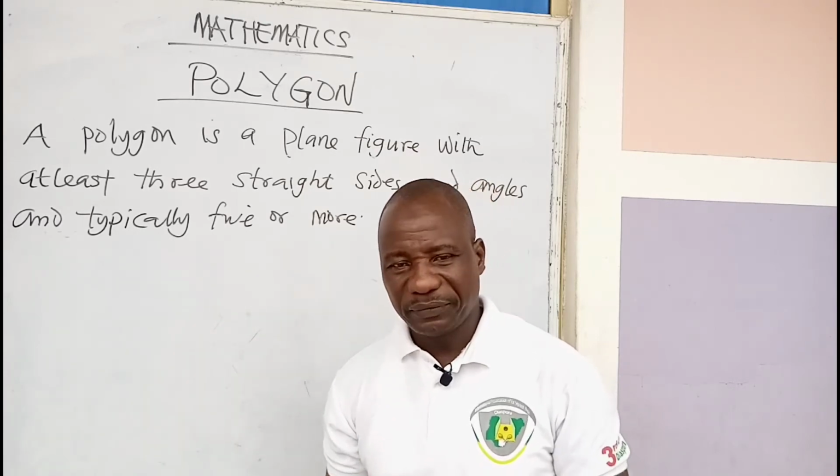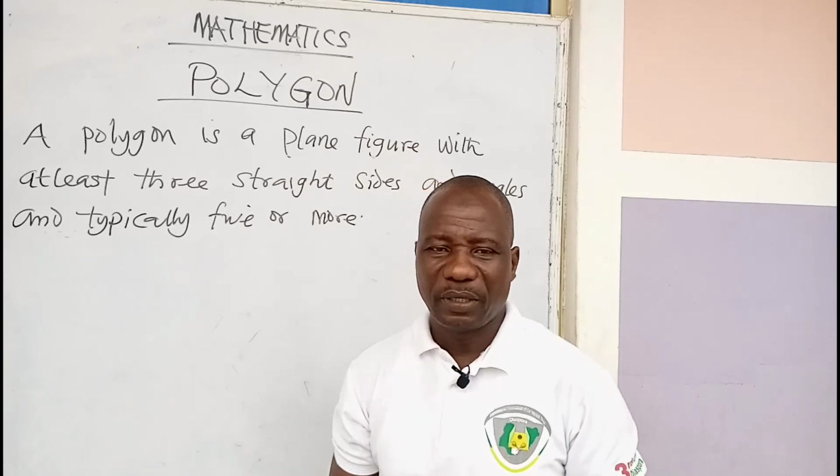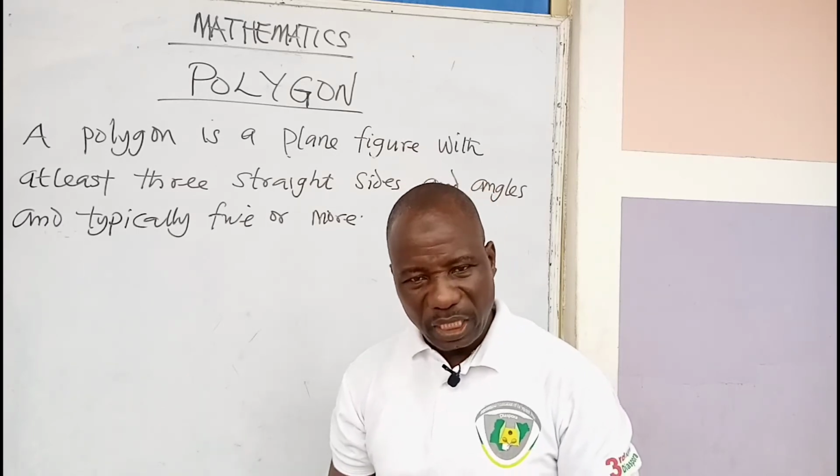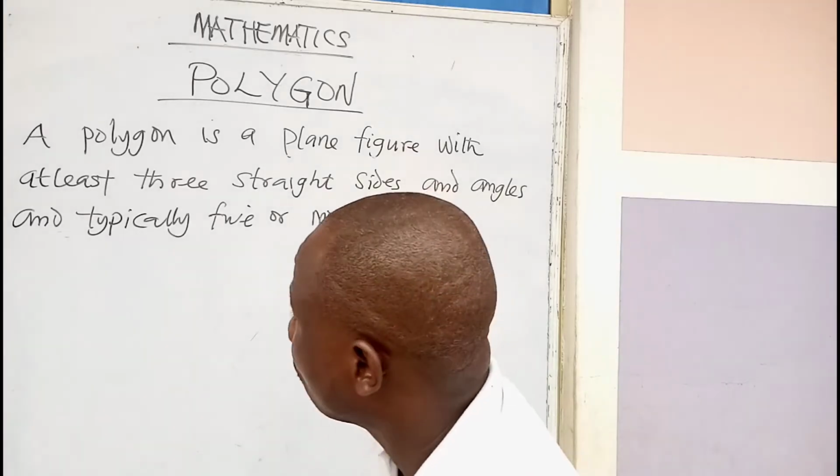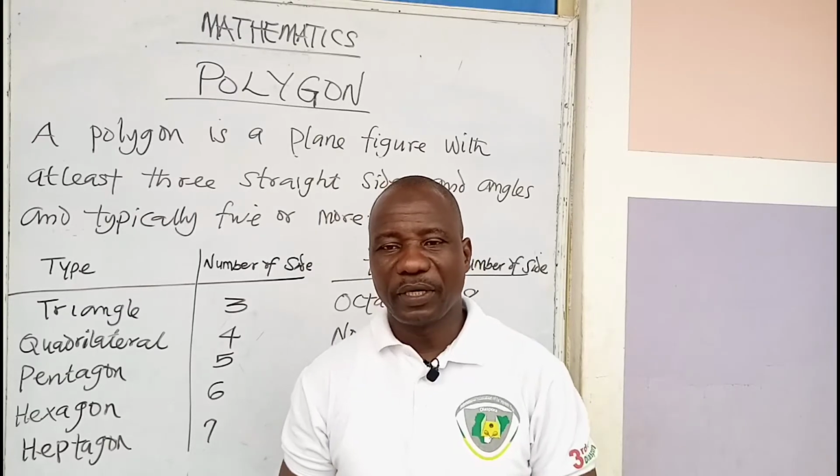So we now have various types of polygon. Here we go. We have different types of polygon.